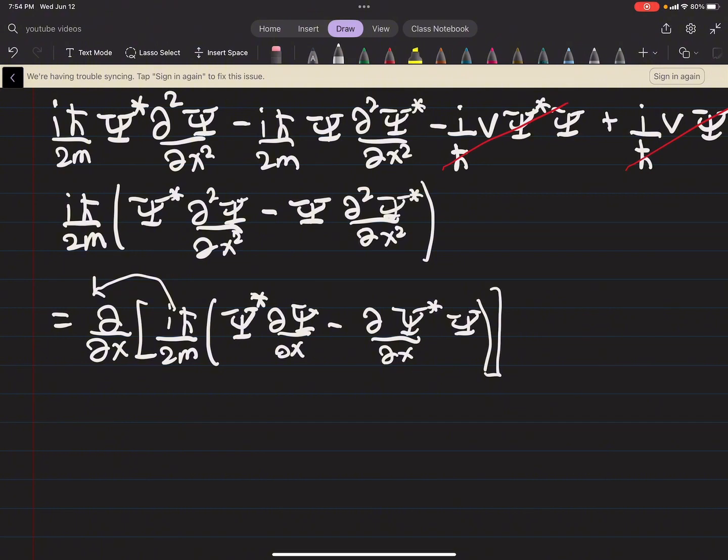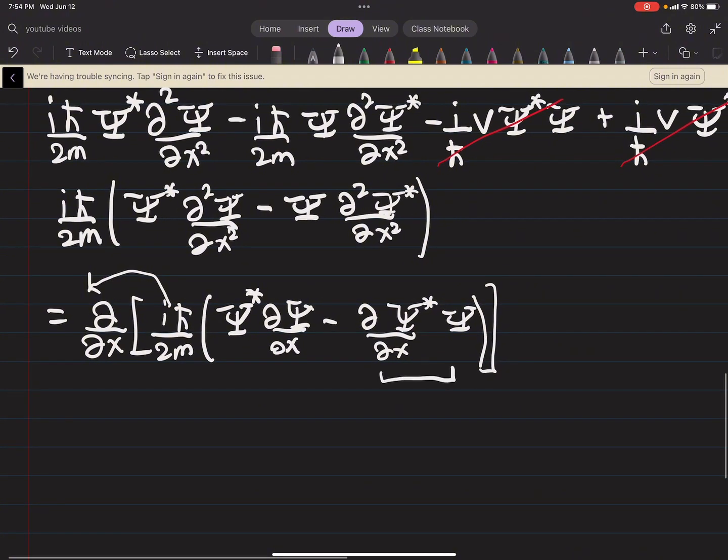But notice what happens if you take these partial derivatives and apply the product rule: you end up getting just this. If you're unsure about this step, the best way to visualize it is to actually take this derivative, keeping this constant, and then that, keeping the other constant. What you'll find is your cross terms cancel. If you're confused about that step, I encourage you to work out the product rule, and then you'll see that they are in fact equal.